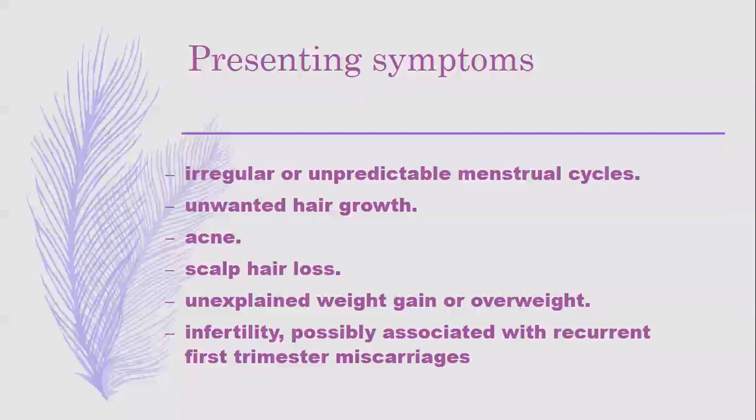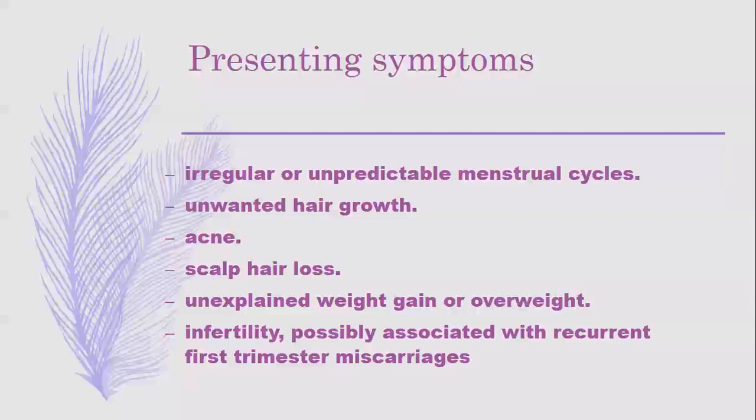So, while you are in the outpatient clinic, what will bring the patient with polycystic ovary syndrome to you? What is the presenting symptom? Either she will present with an irregular or unpredictable menstrual cycle, that is, oligomenorrhea or amenorrhea.